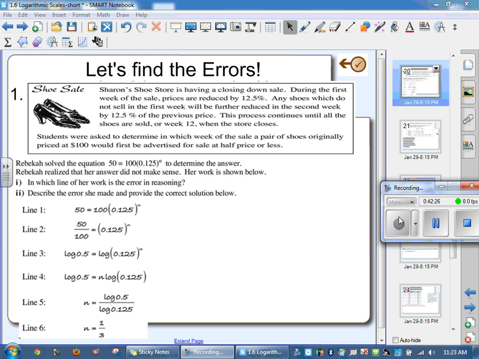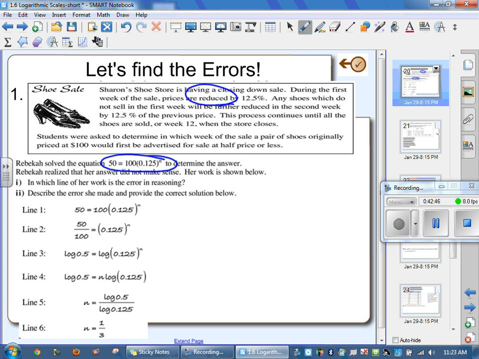Sharon's Shoe Store is having a closing down sale. During the first week, prices are reduced by 12.5%. So we're going to use the equation y equals A(1 minus i) to the n. We have to use that, 1 minus.